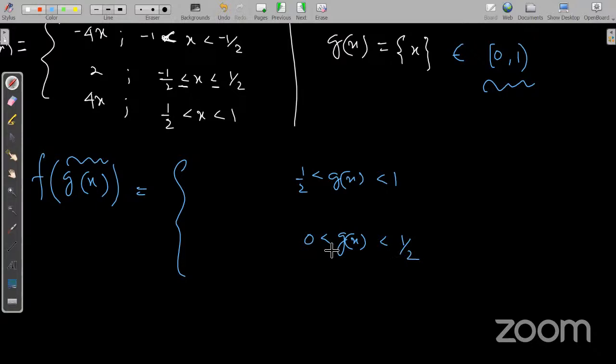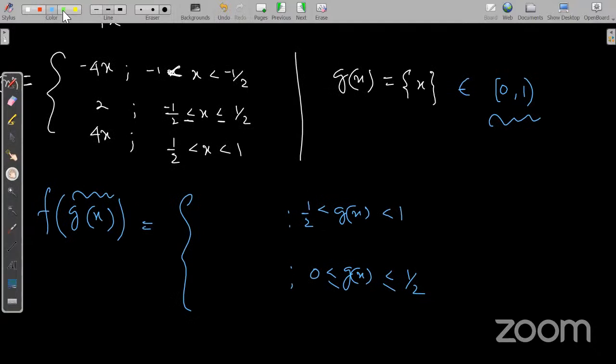You can check these two intervals. Why are we not taking the negative interval? We just neglect it, because the range of g of x is between 0 to 1, so we are not talking about the negative interval.